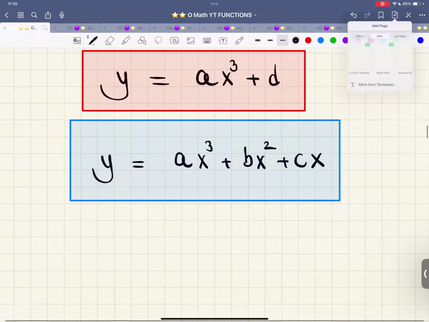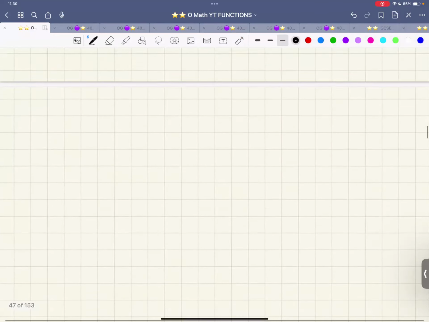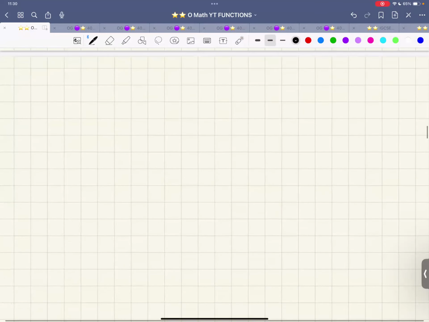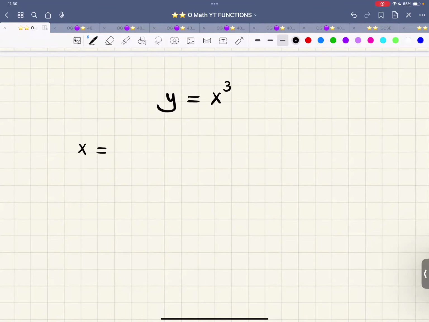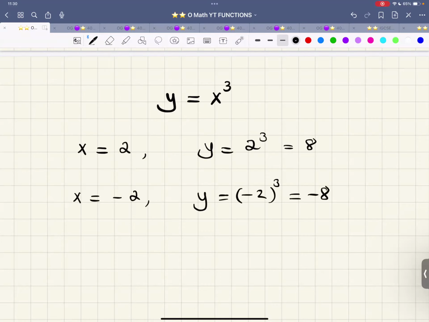So first of all, let me add a page over here and let me plug in some values. When we talk about y is equals to x cube, if x is, for example, 2, y is 2 cube, which comes out to be 8. If x is negative 2, y is negative 2 cube, which comes out to be negative 8.